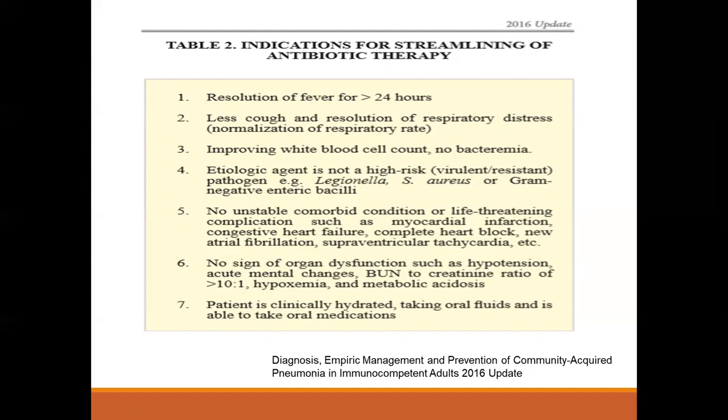There is no unstable comorbid condition or life-threatening complication such as myocardial infarction, congestive heart failure, complete heart block, new atrial fibrillation, and supraventricular tachycardia. Of course, there's no sign of organ dysfunction such as hypotension, acute mental changes, hypoxemia, and metabolic acidosis. And the patient is clinically hydrated, taking oral fluids, and is able to take oral medications.